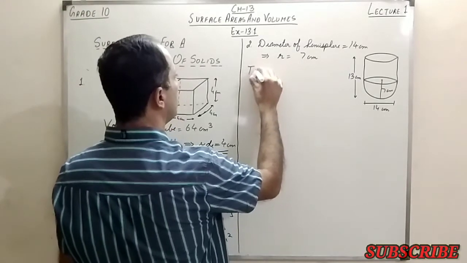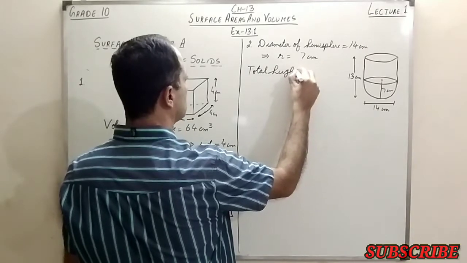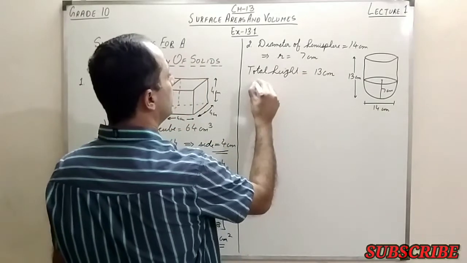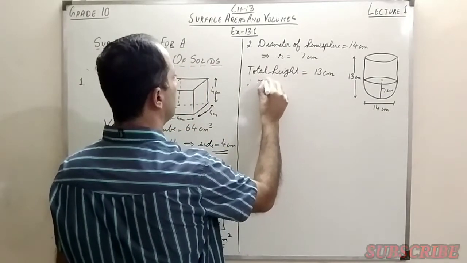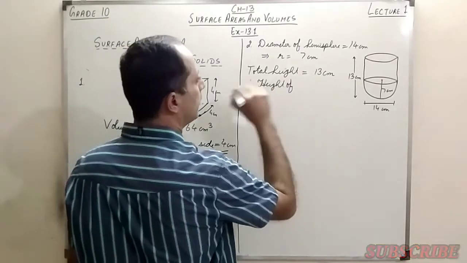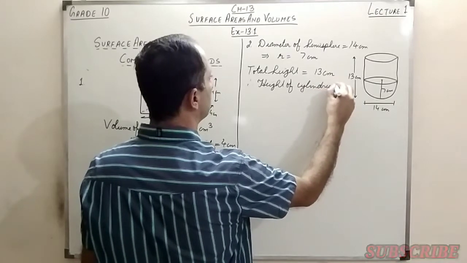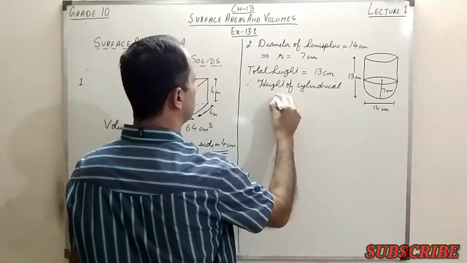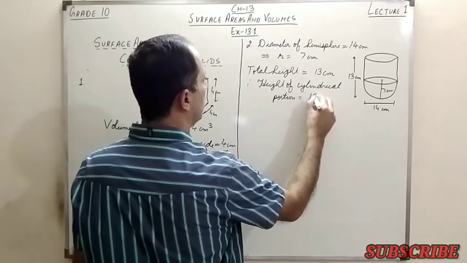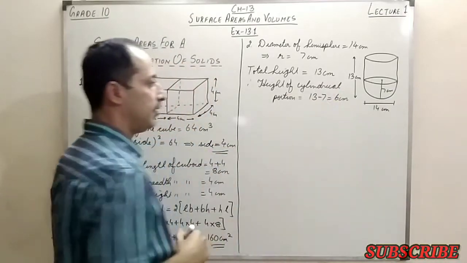Total height of the object is given to us as 13 centimeter. So, therefore, height of the cylindrical portion is equal to 13 minus 7, that is 6 centimeter. Right?